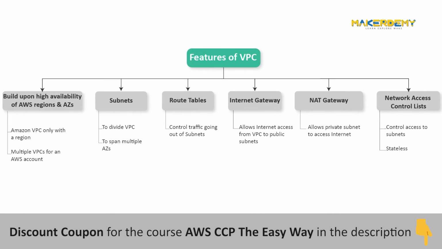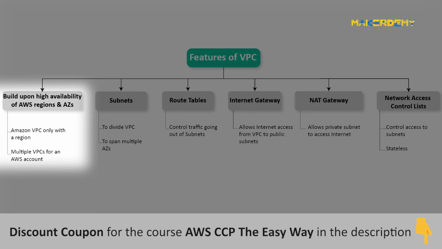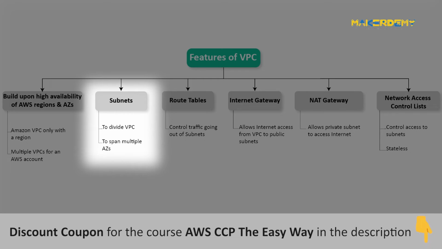Features of VPC. Built upon the high availability of AWS regions and AZs. Amazon VPC lives within a region. Multiple VPCs for an AWS account. Subnets to divide the VPC, spanning multiple AZs.